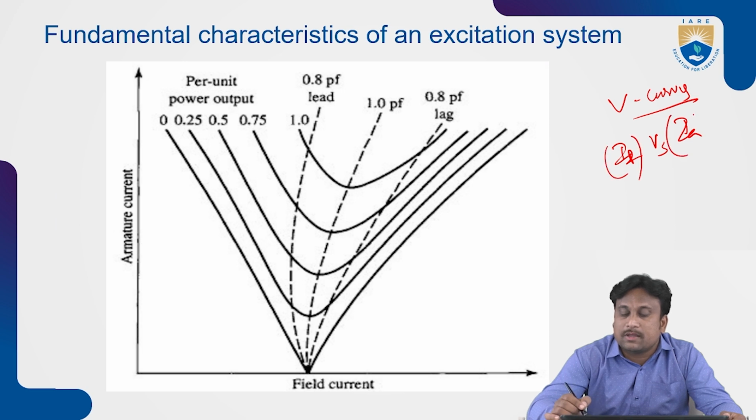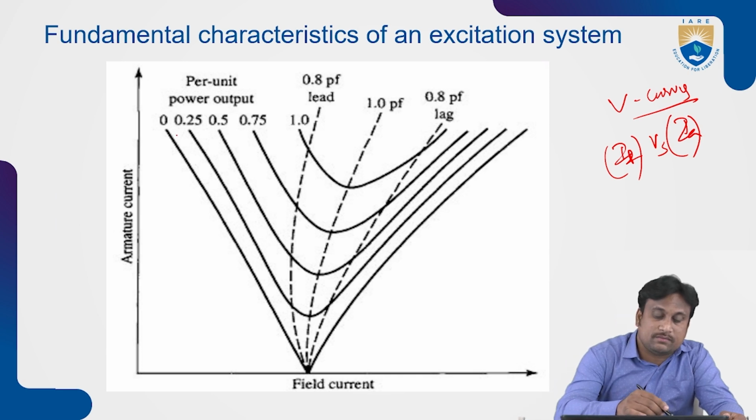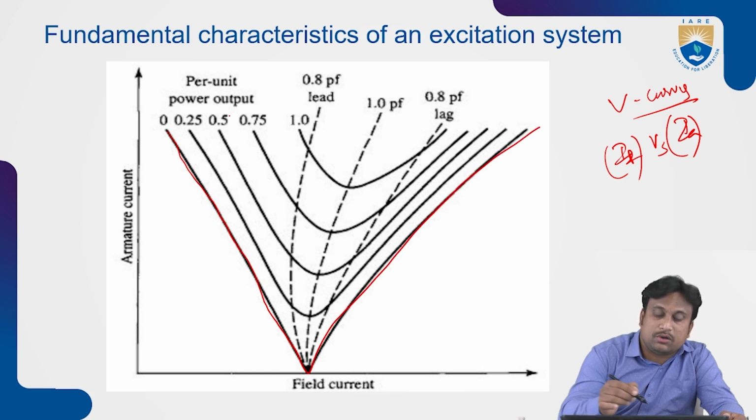Per unit power outputs are given, starting from 0. Then 0.25 is the second curve, and 0.5 is the third curve.